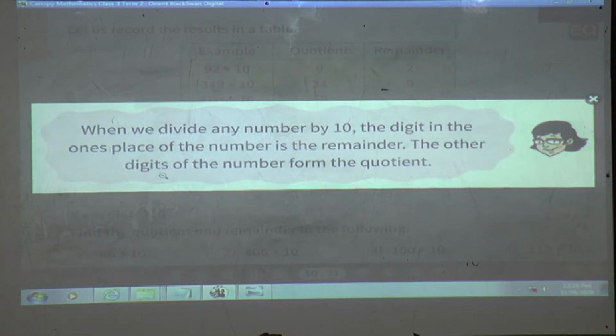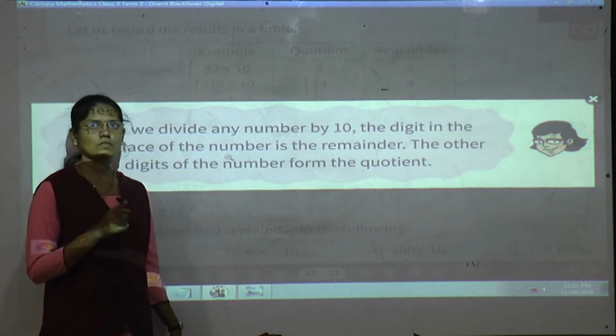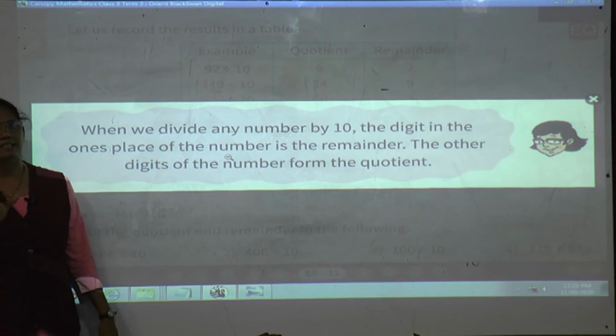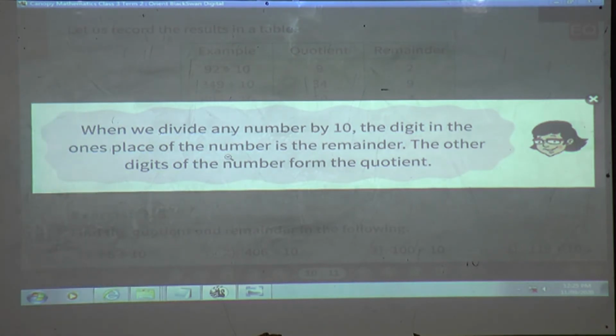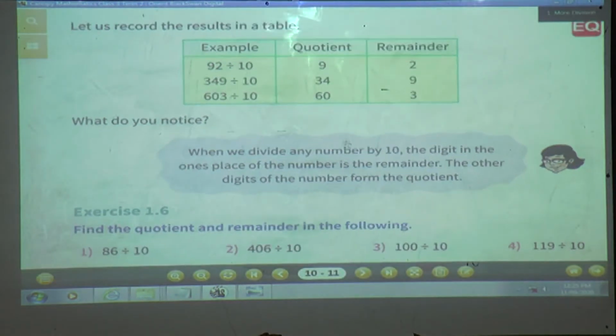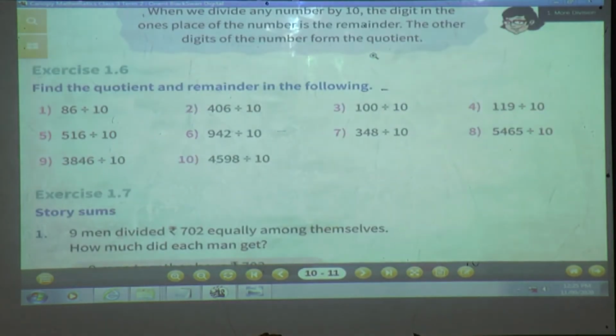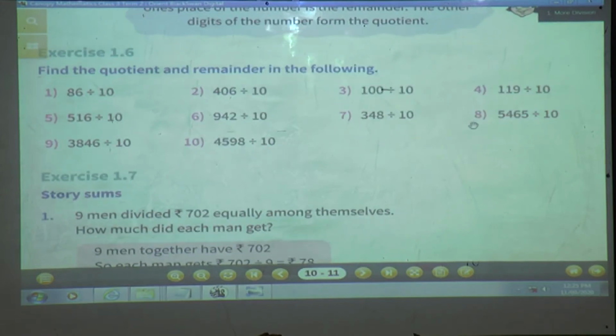The other digits of the number form the quotient. Clear? Okay.